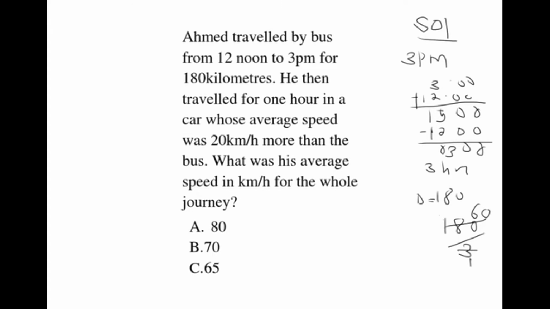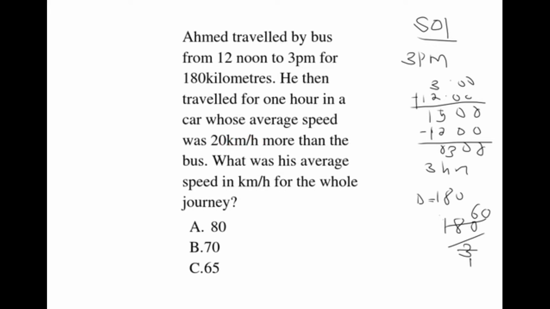Then we continue. Then we are told that he then traveled for 1 hour in a car whose average speed was 20 kilometers per hour more than the bus. The average speed for the bus is 60 kilometers per hour. The average speed for the car is 20 kilometers more.